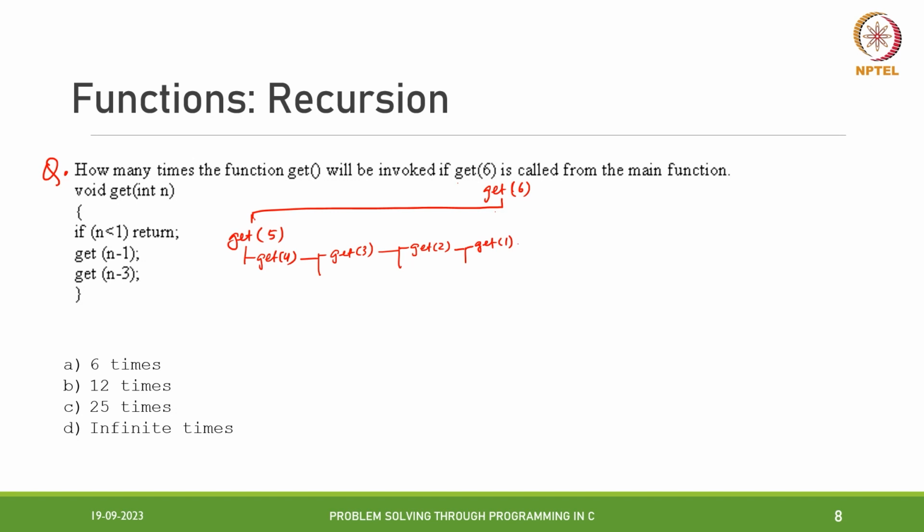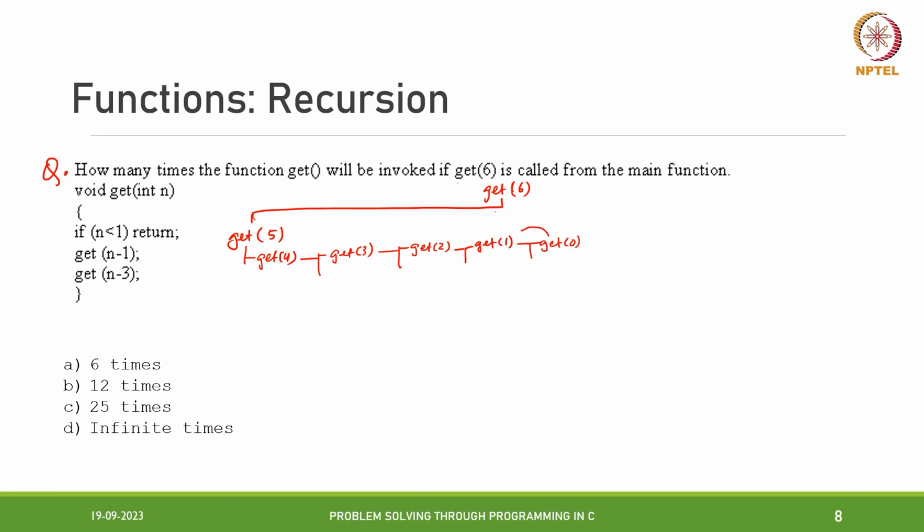It will keep getting called. Okay, now get of 1 will call get of 0. So now the condition is satisfied.